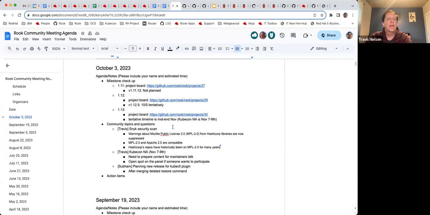Okay. As far as community topics and questions, to follow up from the last meeting, for a couple weeks, even more a month or so, the Snyk security scan was failing due to warnings about the MPL 2.0 license from HashiCorp libraries. We discussed suppressing that since Apache 2.0 is compatible with it.